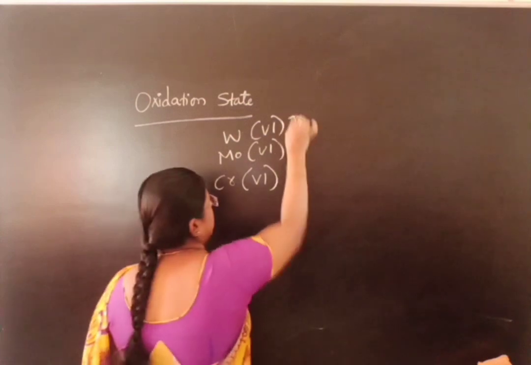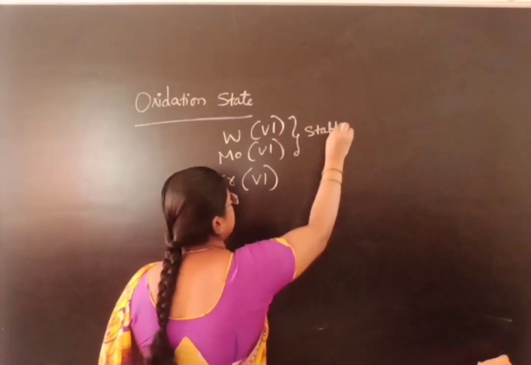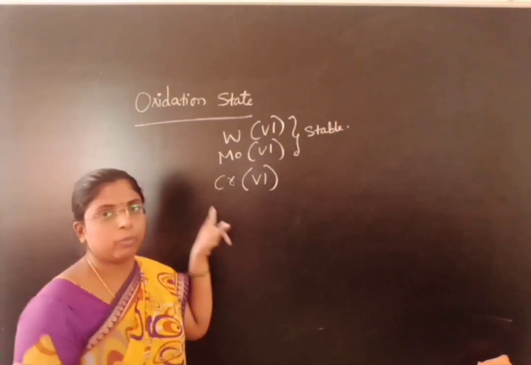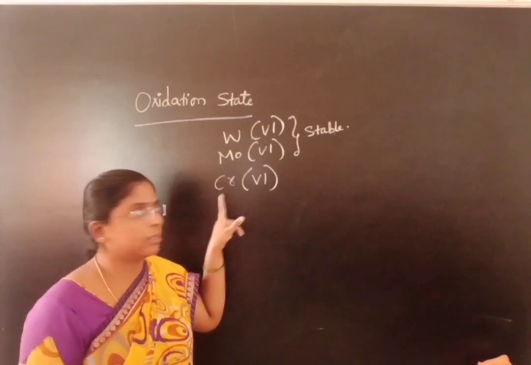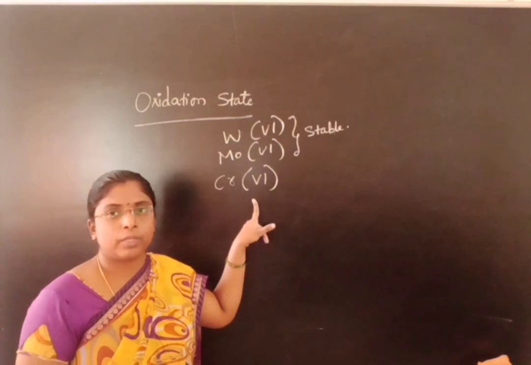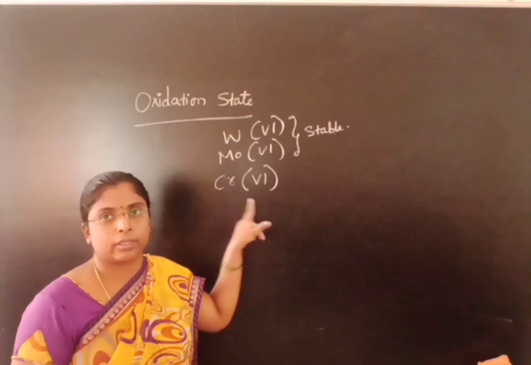Among these three, the heavier members are very stable with high oxidation state. The heavier elements with high oxidation state are more stable than the first transition elements with the same oxidation state. Chromium forms dichromate and acts as an oxidizing agent.